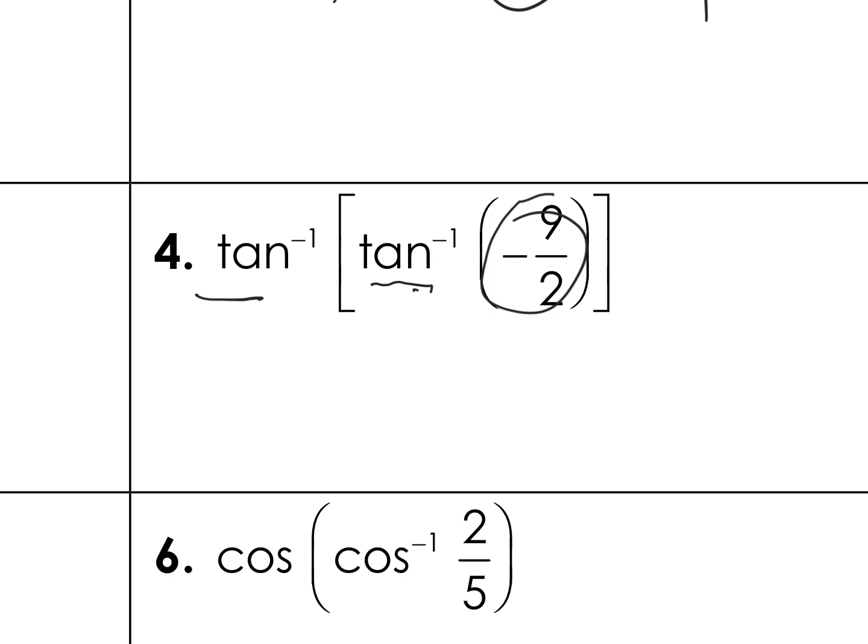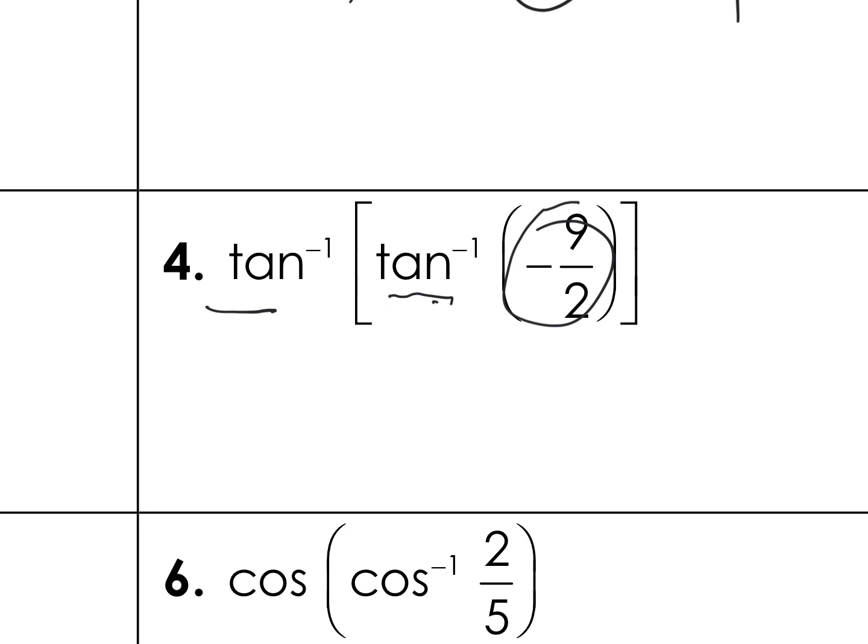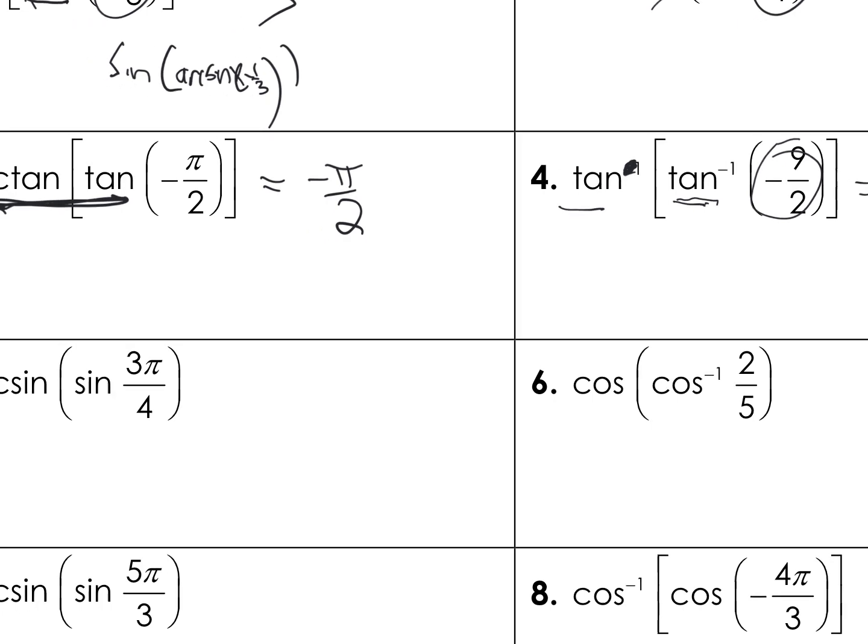I don't know. I think the author made a mistake, because look at all the other problems. I think that's a typo. I think the author meant to say tangent of inverse tangent of negative 9/2. I could be wrong, but there's no way to do that original problem in your head. It has to be special angles or on the unit circle.